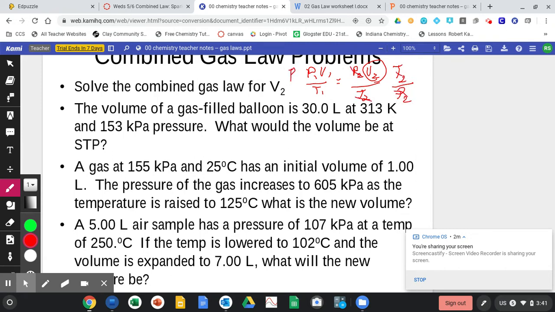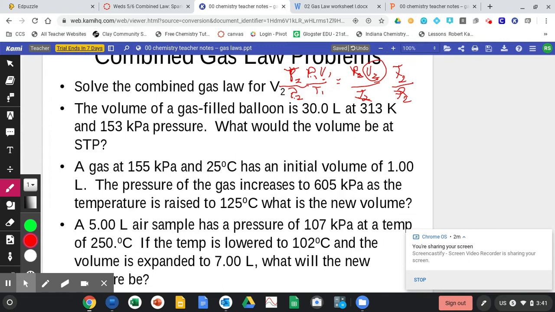So I would take T2 all over P2. And so V2 is equal to V1 times P1 all over P2 times T2 all over T1. And so that's how you would solve for it.